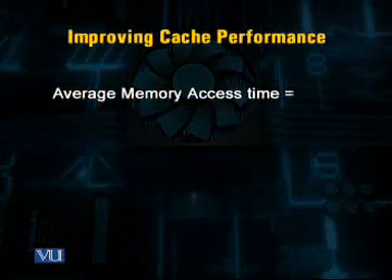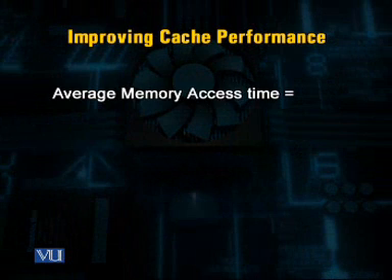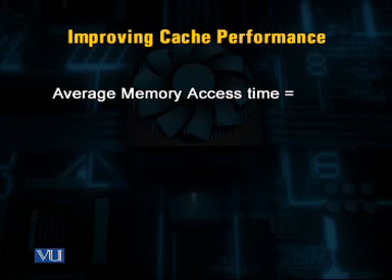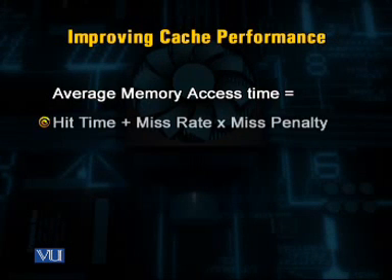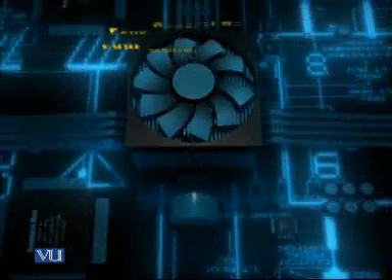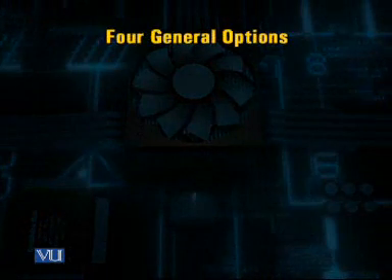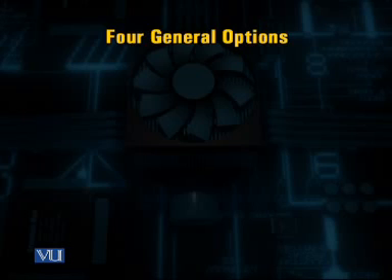Therefore, the average memory access time formula, that is, the average memory access time equals the hit time plus miss rate multiplied by the miss penalty, suggests different options to improve the cache performance. There are 4 basic options based on this formula.